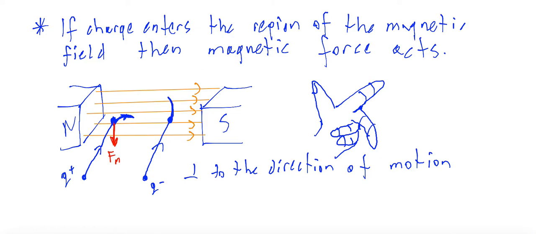In the case of a negative charge, like an electron, you can use the left hand rule, but you must remember to invert the direction of motion. So basically, for positive charge, left hand rule; for negative charge, right hand rule.